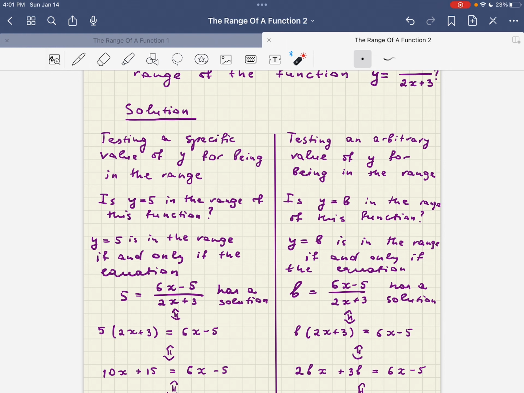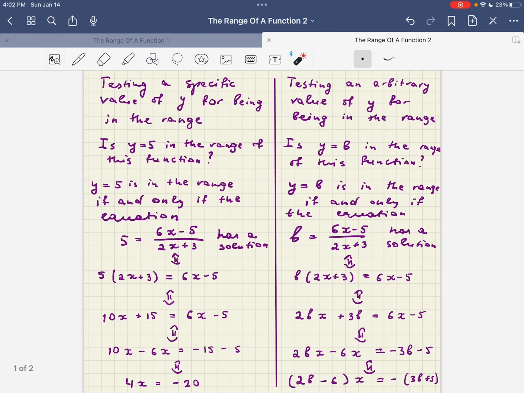That will give us an opportunity at the end to see which values are in the range and which values are not. The process for determining whether y equals b is in the range of this function is identical to the one that we just went through to test whether y equals 5 is in the range.